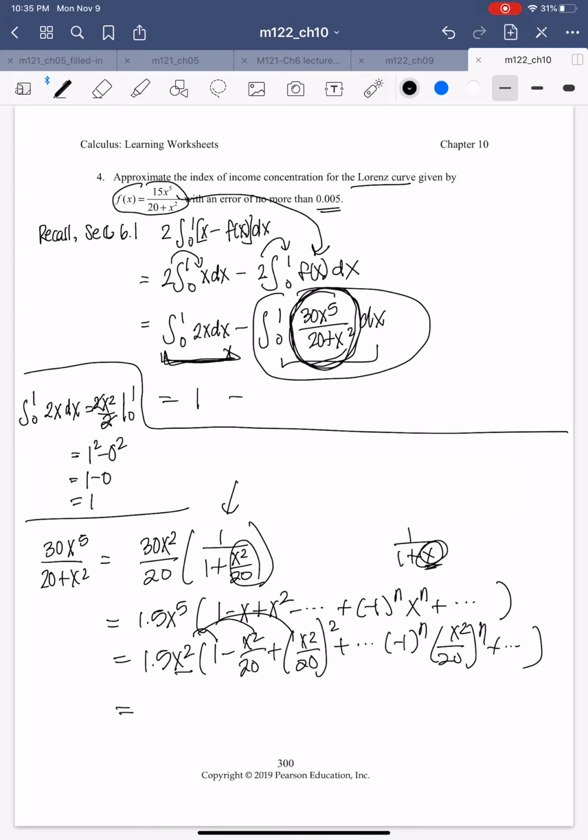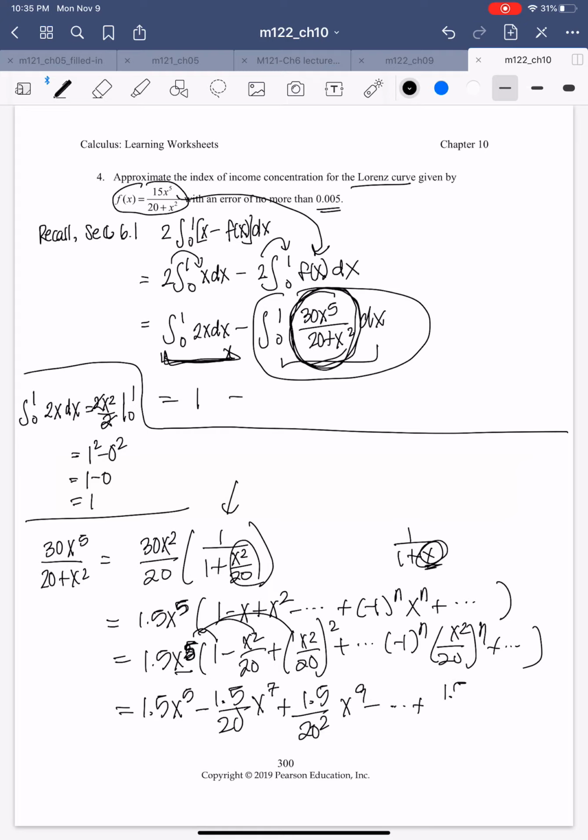So the first term will be 1.5 x to the fifth, minus 1.5 over 20 x squared with the x to the fifth. I have x to the seventh, that's 20 squared on the bottom, and then 1.5 over 20 squared x to the ninth.